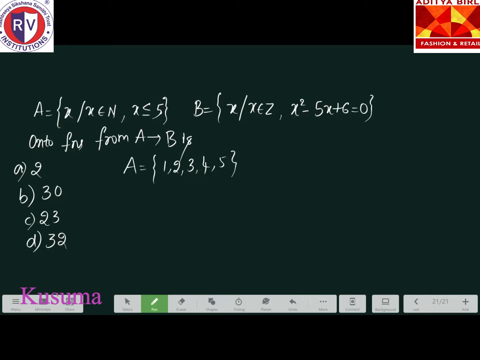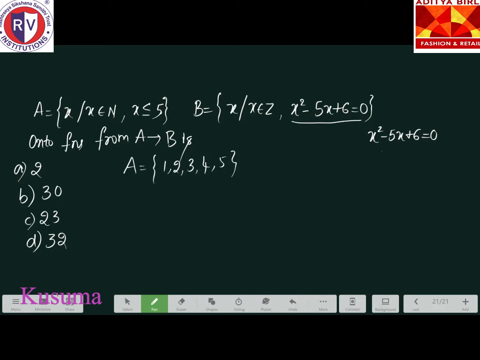Here a quadratic equation is given, and the elements of the set B must satisfy this quadratic equation. So let me consider that equation and factorize it. Let us see what are the elements present in the set B. Can you people factorize this and tell me the roots of the given equation, x square minus 5x plus 6?